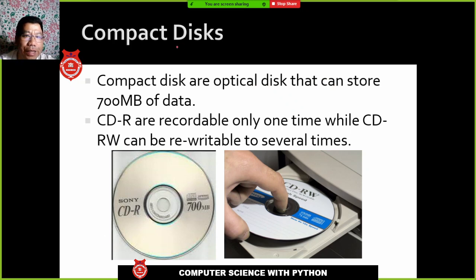And we have CD, compact disc. A compact disc can store up to 700 MB of data if it is a single layer. CDR means compact disc recordable, and CDRW means rewritable. The CDR can be recorded only one time, and the CDRW can be recorded several times.